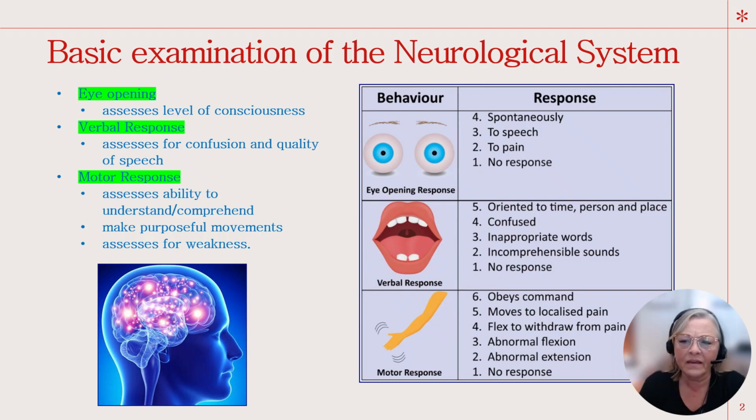The three main things that you are going to be assessing are eye-opening, verbal response, and motor response of your patient. These three things have some normal findings that we should find in an intact neurosystem.